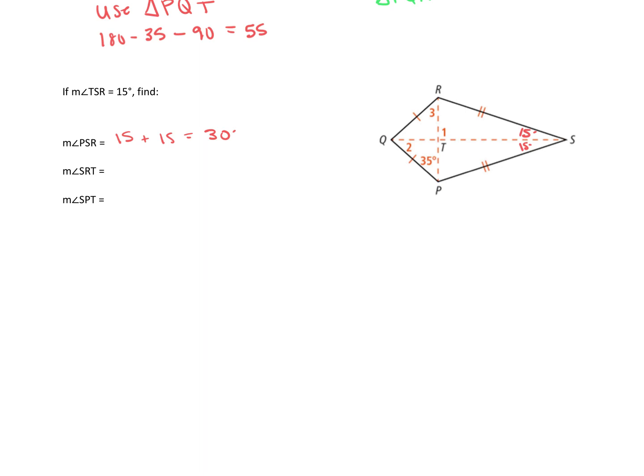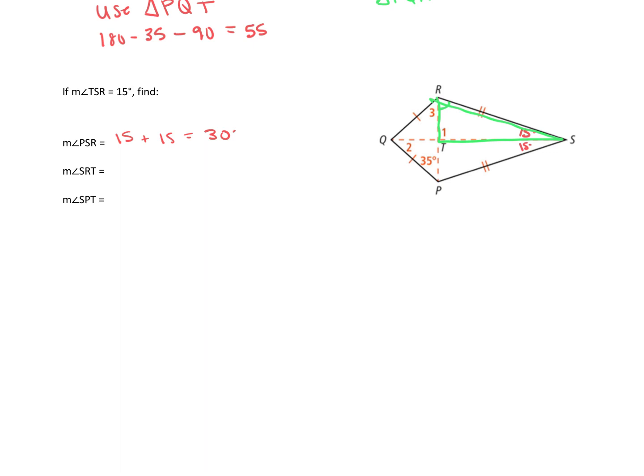Now we need angle SRT, so let's find that angle. We go from S to R to T. So we're looking at this angle right here. Maybe I'll mark it. So we're trying to find this angle. All right, so what do we know? I think using this triangle will help us out.